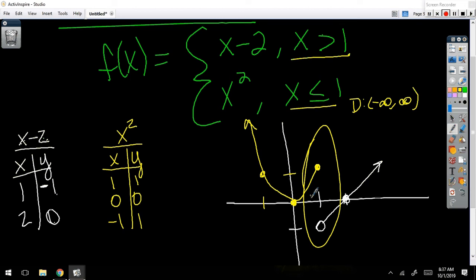Let me show you one more and let's see if you understand piecewise. You try to graph this one. This one will be a little bit easier. I want you to graph it and then tell me if it's continuous or not.